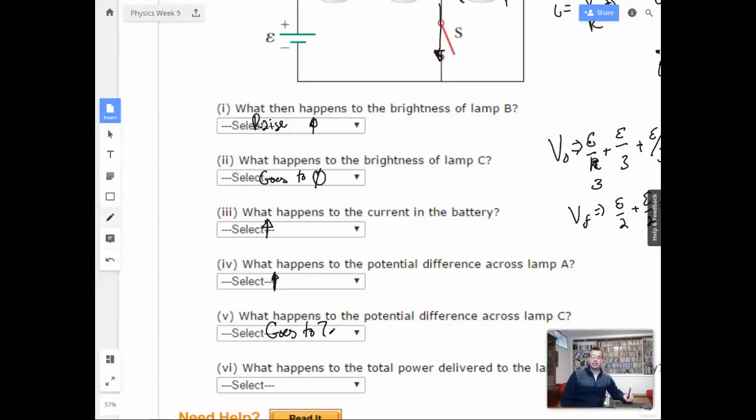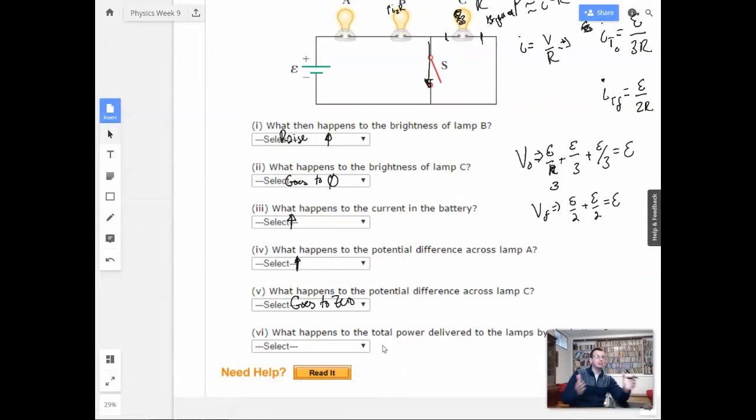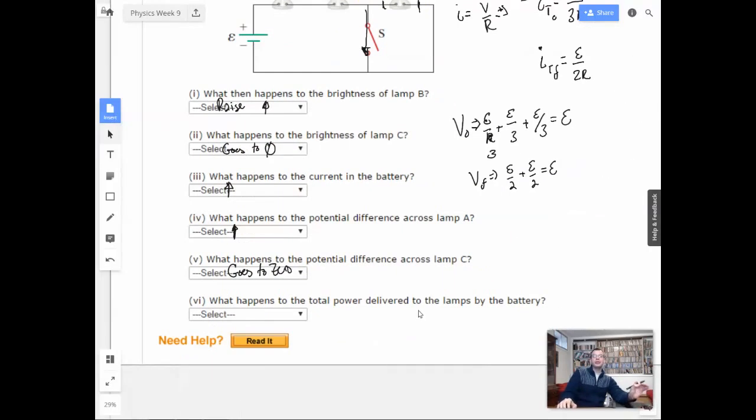There will actually be some potential difference across C because the wires have some resistance, but we're going to ignore that. Pretend 0, ideal.